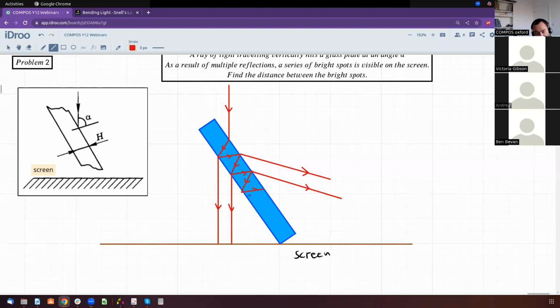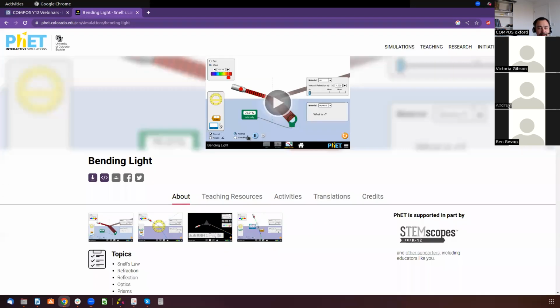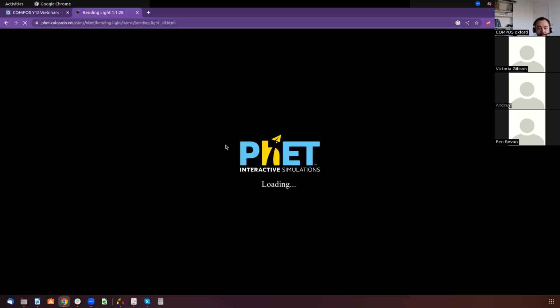Reflect again. And here it would refract again. So that's the reason why you would see bright spots on the screen. Bright spot, bright spot, bright spot. Does everyone understand why you see bright spots on the screen? Yes or no? Yes. Good. Let's see if we can recreate this using the simulation.